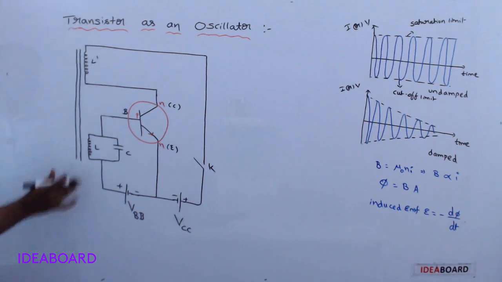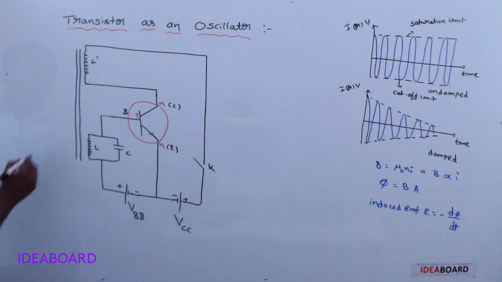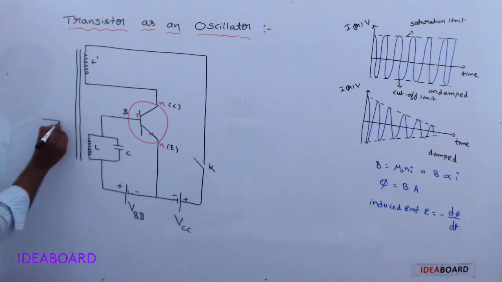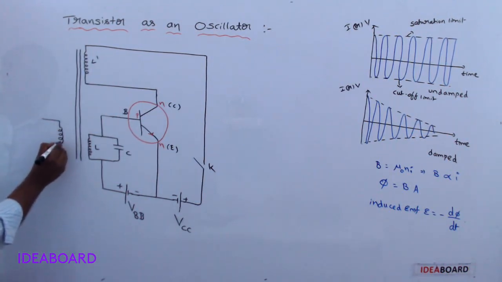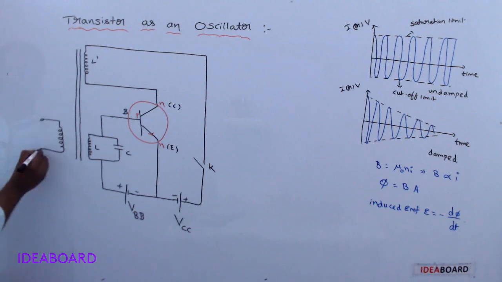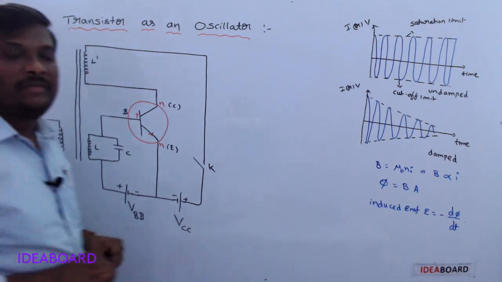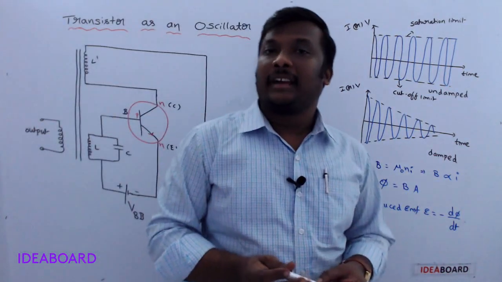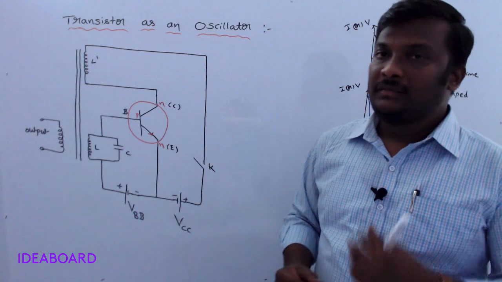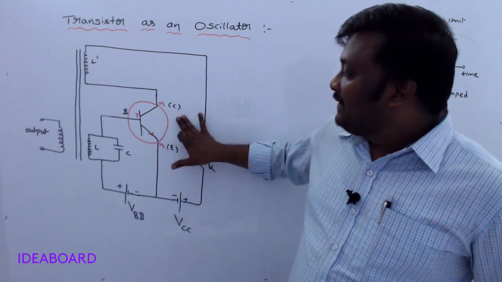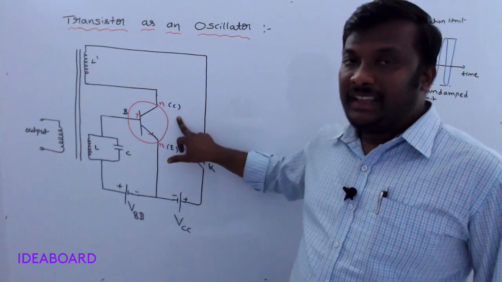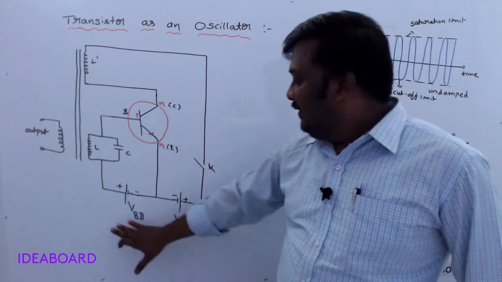For understanding purposes, I may draw it like this, very near to it. Now the output is taken across another inductor here. So across this you can take the output. This is the circuit diagram for the oscillator. We are considering one NPN transistor in CE configuration.